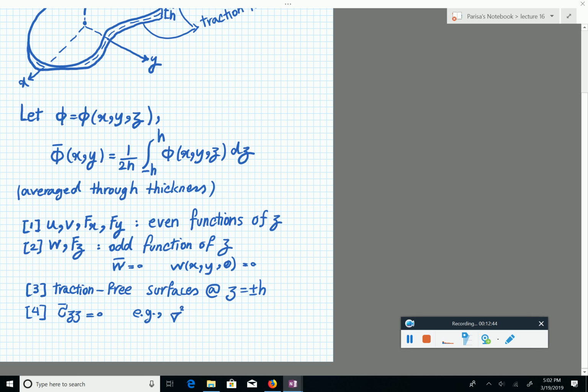Before you had Laplacian of sigma xx plus sigma yy equal to minus (1 plus nu) times f x comma x plus f y comma y. So now all these get a bar.